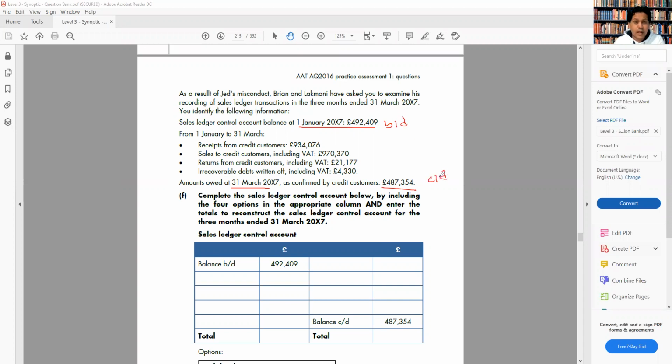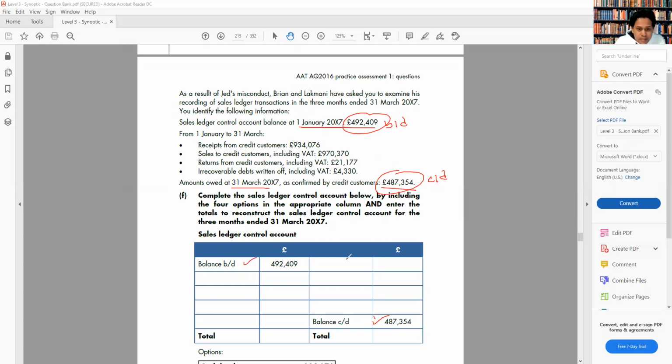This question is from our incomplete records, so let's start with that. Opening balance, we have this one already here. This is balance BD, and balance CD, the closing balance, is already here. We have receipts from the credit customer. If we receive money from the credit customer, that will reduce the balance, so that will be on the credit side.